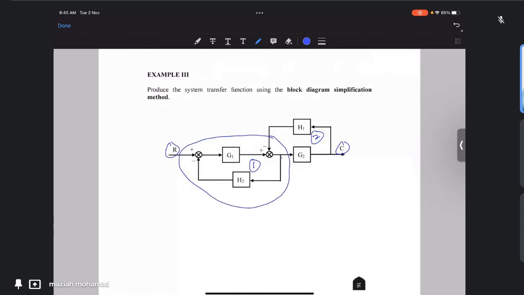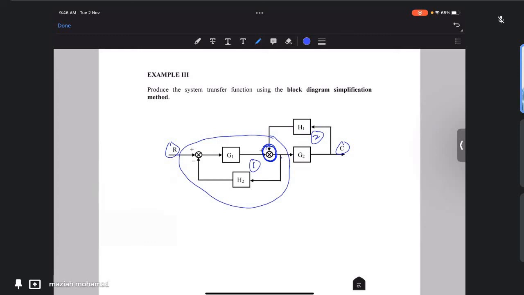Okay, what is the element that disturbs the shape of the feedback loops? Summation. Yes, due to the summation point here, we cannot combine that.